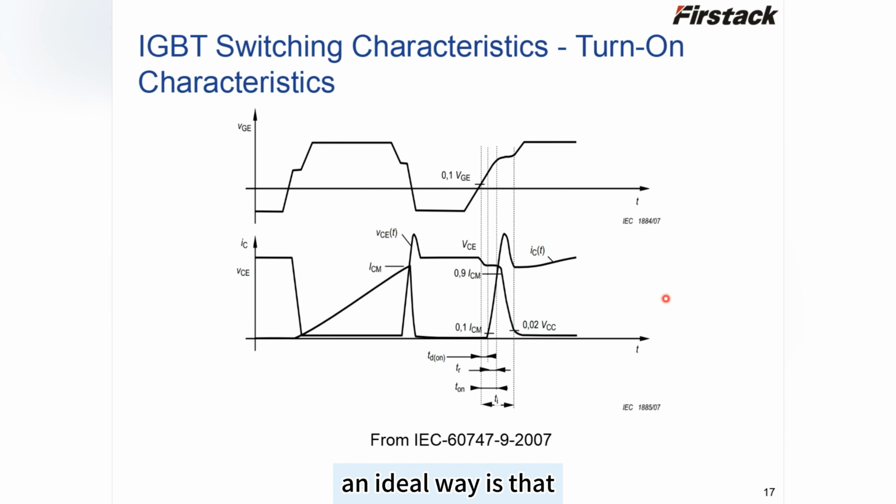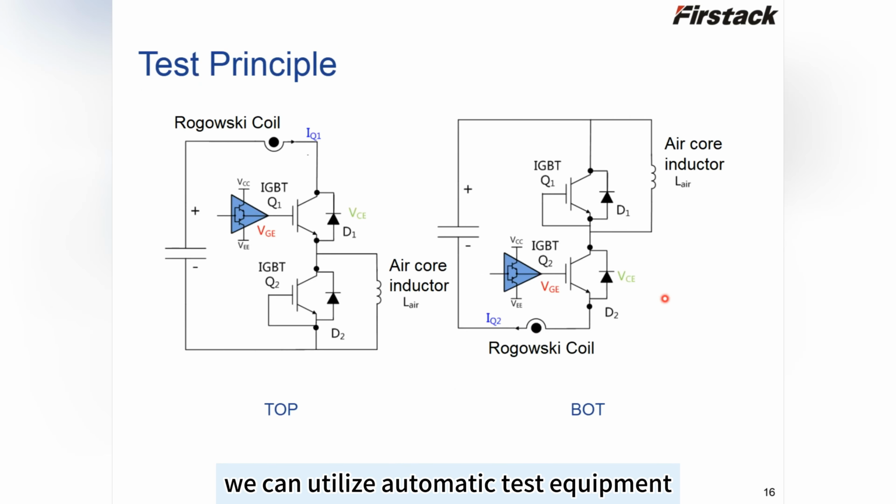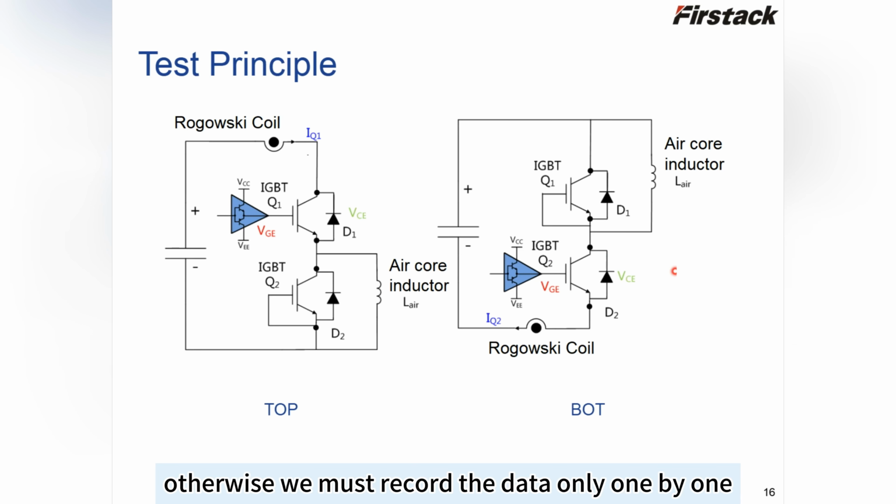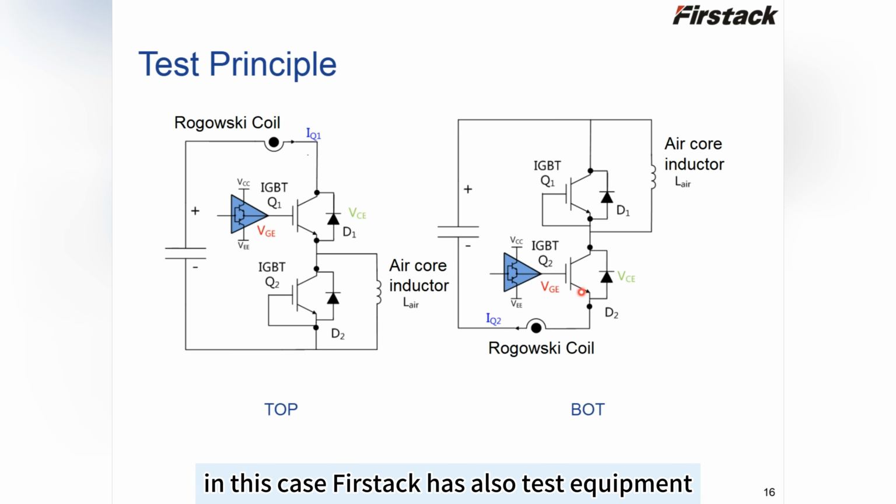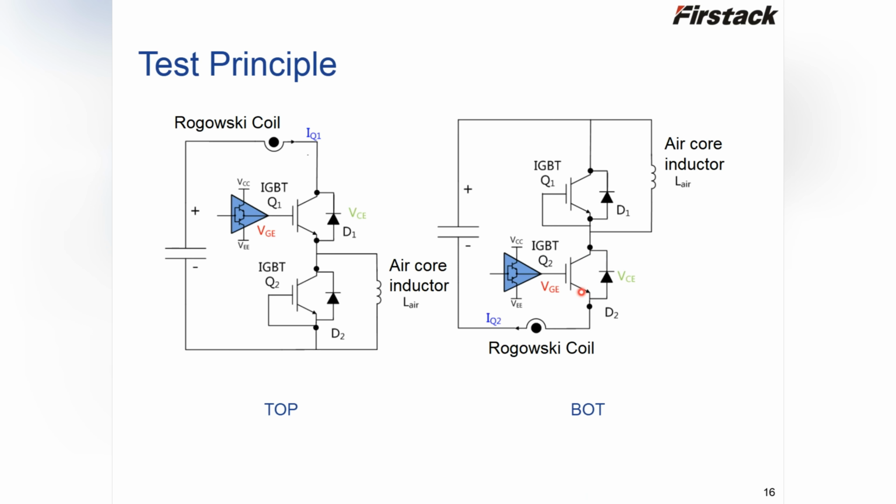An ideal way is to utilize automatic test equipment to process the test to increase our efficiency. Otherwise, we must record the data one by one. In this case, Firstack also has test equipment. If you are interested, I can introduce it in the future.